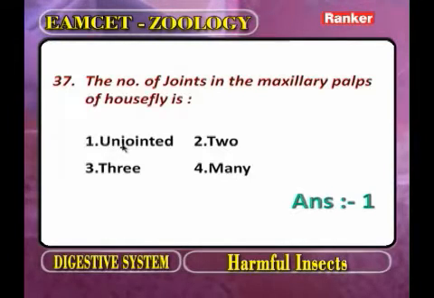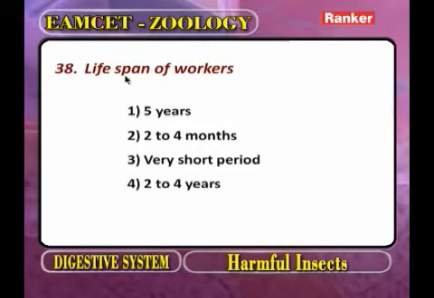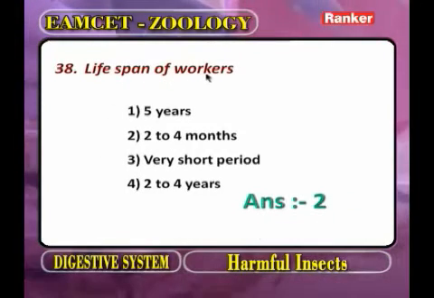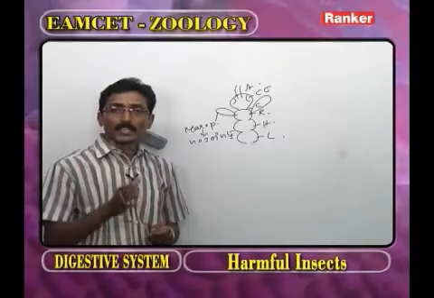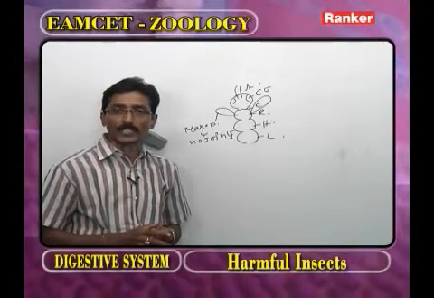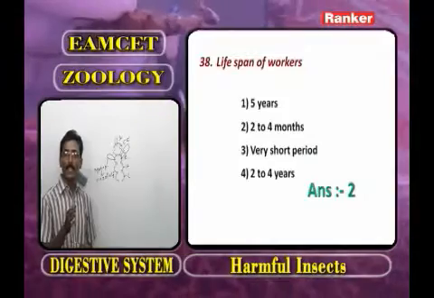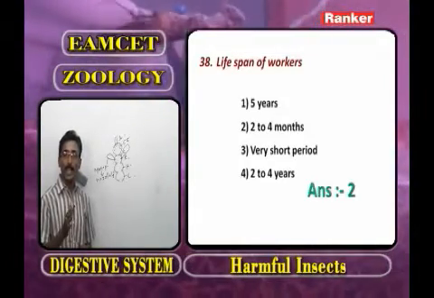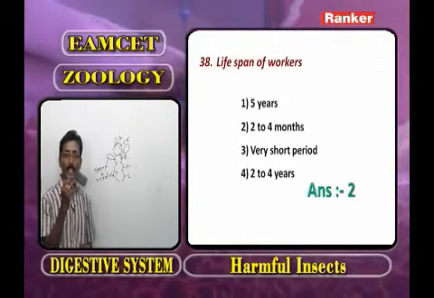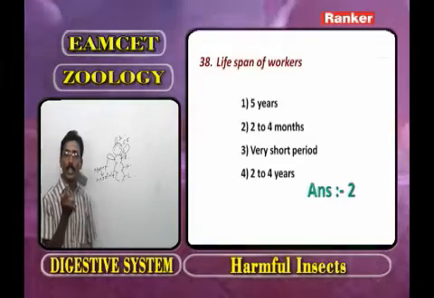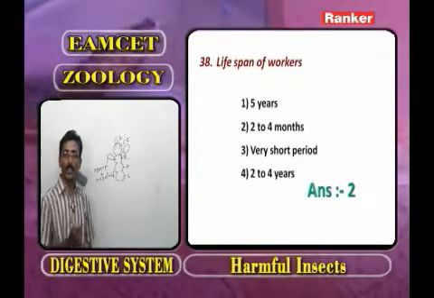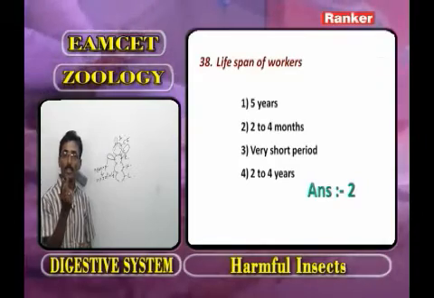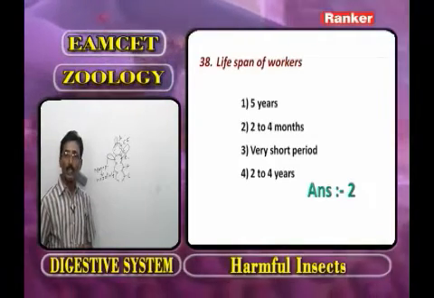Now we move to the next question. The lifespan of workers, where we identify this question. As we observe the beneficial insects, one we call honeybee. In the honeybee, 3 categories are present. One we call the queen. Its lifespan is 5 years. As we observe the drone, it is also called male honeybee.